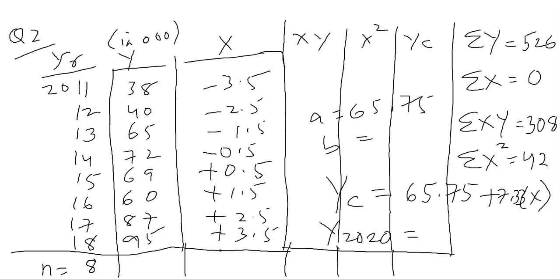How? 2018 is 3.5, no, so for 2020? 5.5. Your x value will be 5.5. Insert 5.5 and just extend the line. We will increase by 1. 2018 is 3.5, means for 2020 it will be 5.5. Just insert and extend the line.